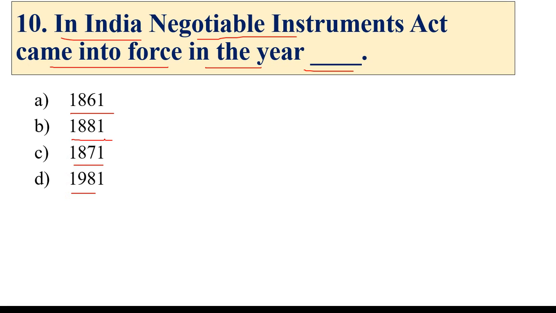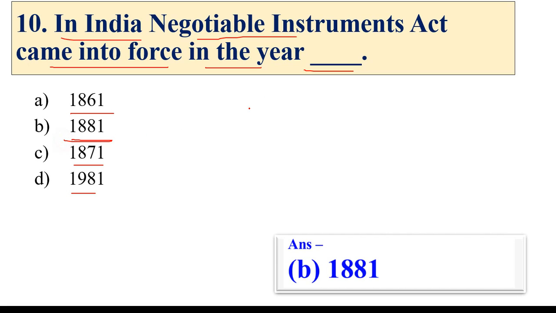So the correct answer is option B, 1881. Okay, so the Negotiable Instruments Act came into force in the year 1881. So remember the year in which the act was enforced.